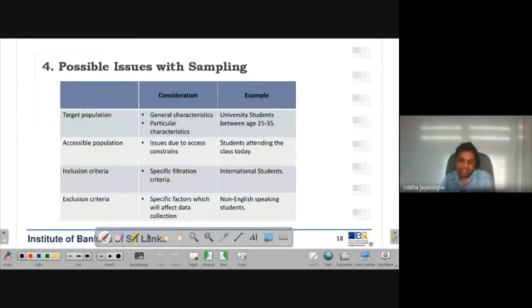So unfortunately, I may be left with only 15 or 20 students to whom I forward my survey and get responses, selected as a sample. These are some of the practical issues when I really want to do sampling. It's not going to be easy, and not very comfortable to do a sampling like this.